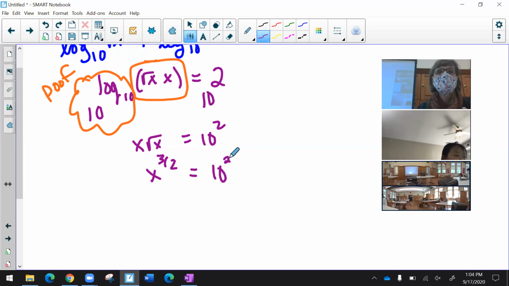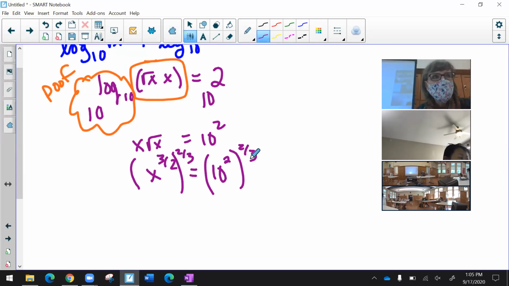Okay, and then what do I do? Would you like 3 over 2 root it? Well, yeah. What I do is I raise both sides to the 2/3 power, which is the same thing as a radical 3 over 2ing it.